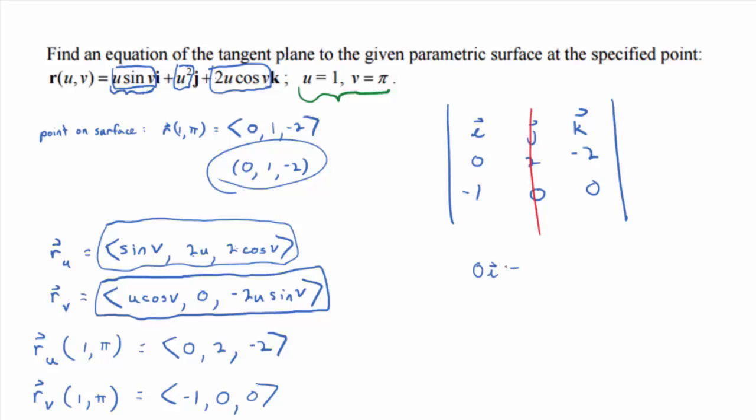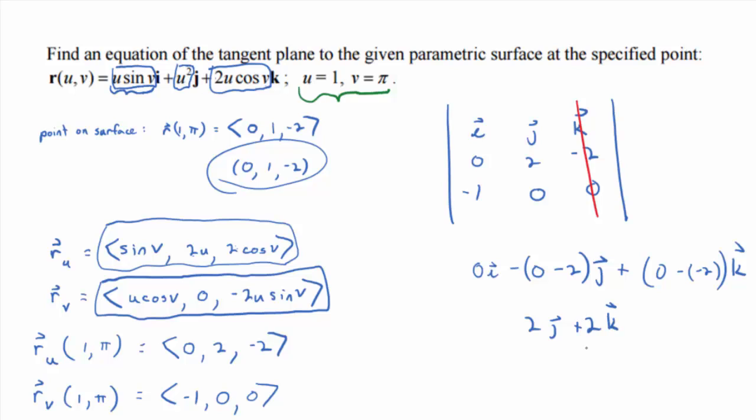Minus to begin with, and then you've got to be careful here. 0, okay, minus, but that will be a positive 2, right? And then j on the end. So it will be plus 2j when all is said and done. And then for the third component, plus 0 minus a -2, k. So that'll be plus 2k. So 2j plus 2k. Does everybody believe that? Or if you want to stick with the component form, 0, 2, 2, if you prefer.